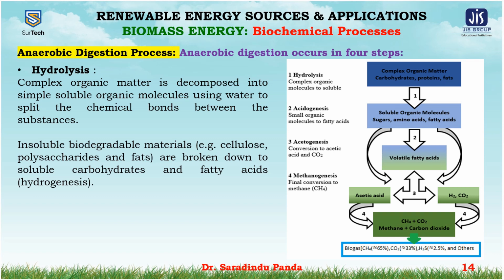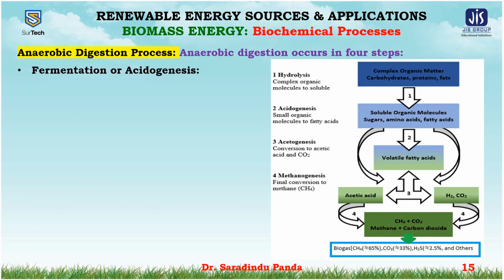Insoluble biodegradable materials like cellulose, polysaccharides and fats are broken down to soluble carbohydrates and fatty acids. This occurs in about a day at 25 degrees centigrade in an active digester. The complex organic matter, carbohydrates, proteins and fats, then gives the output of soluble organic molecules, sugar, amino acid and fatty acid through the hydrolysis process.